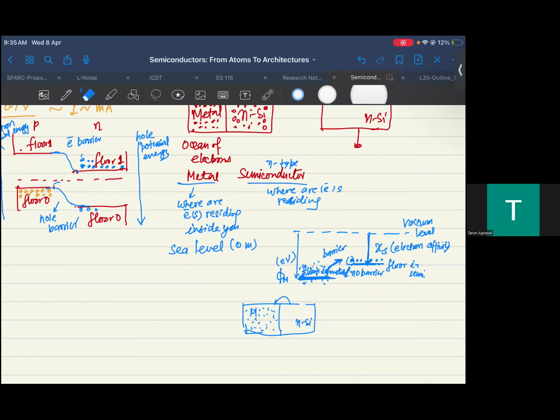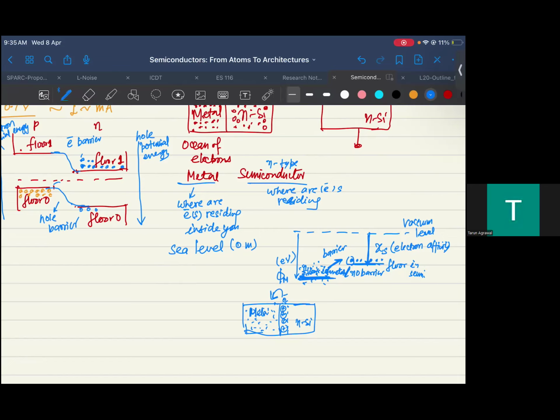They will go obviously very close to the physical interface. And this is the part where you will see your positive charge coming in, because these electrons have gone from this part to this part. That is happening because there is no barrier for these electrons. So they are going into the sea of your metal.